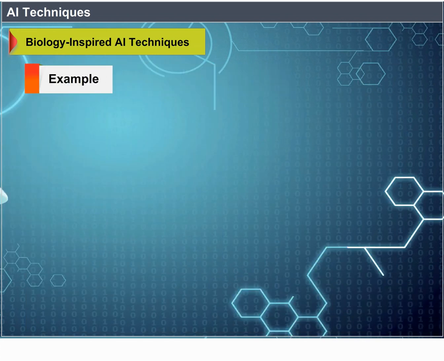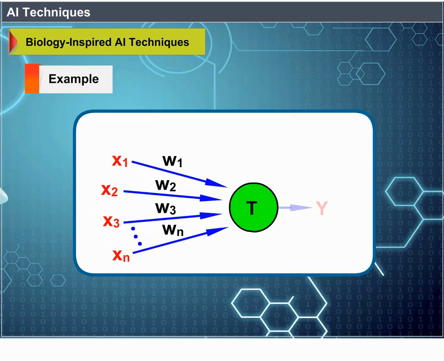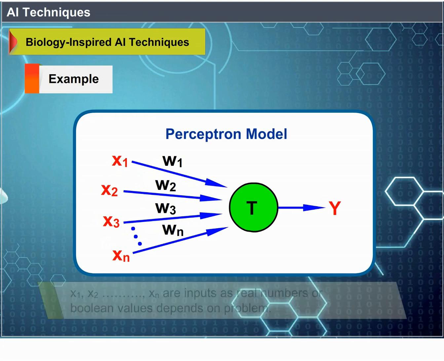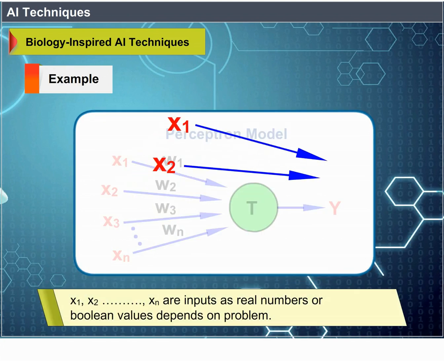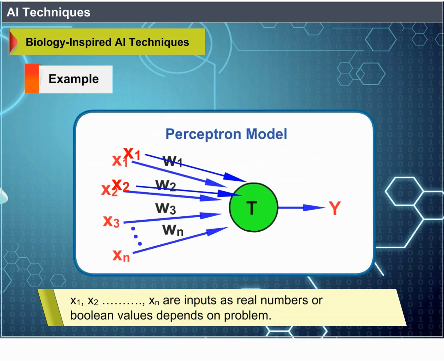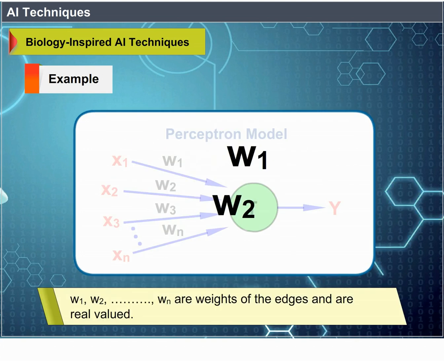Example: a perceptron is a model of a single trainable neuron. X1, X2 up to Xn are inputs, as real numbers or Boolean values depending on the problem. W1, W2 up to Wn are weights of the edges and are real valued.